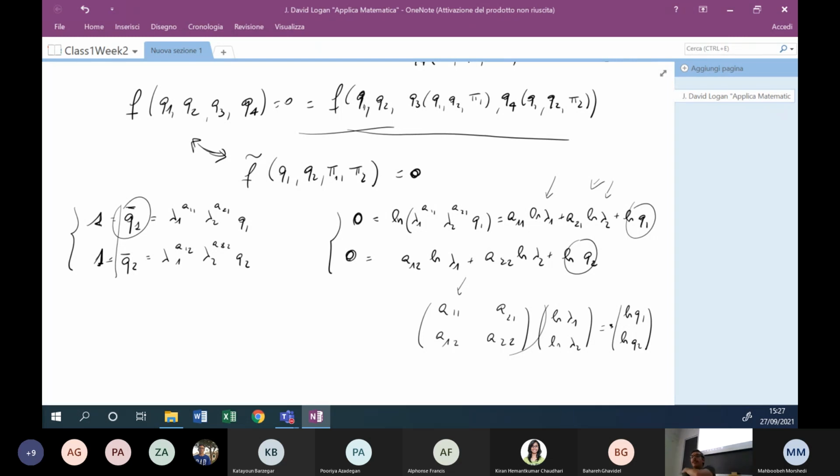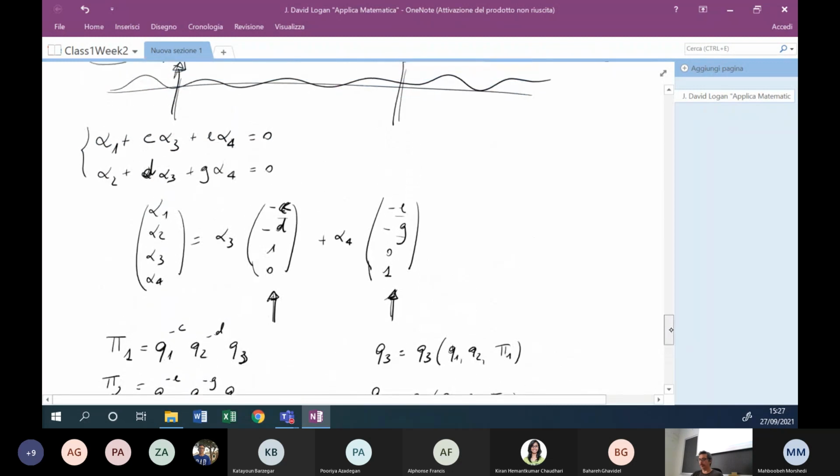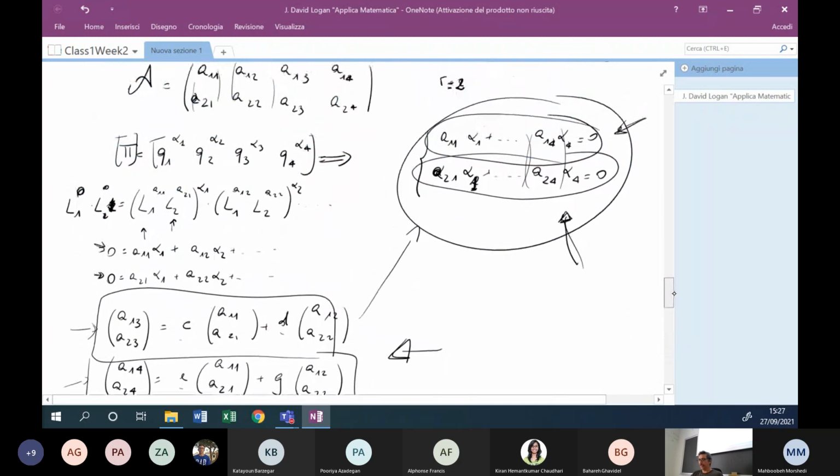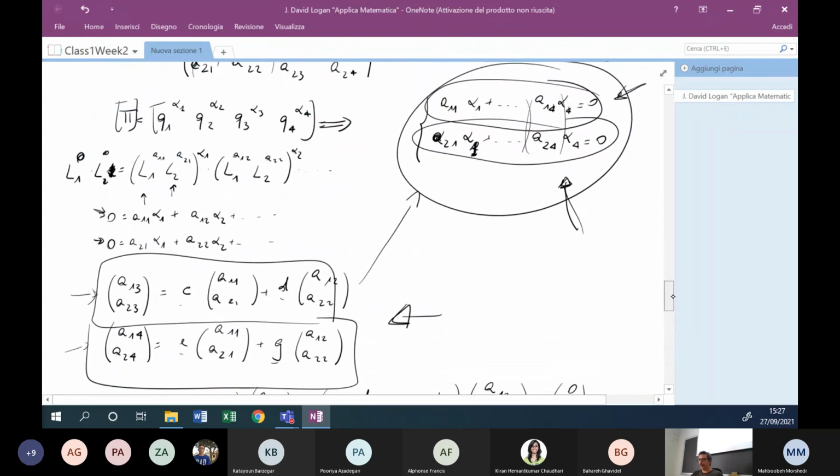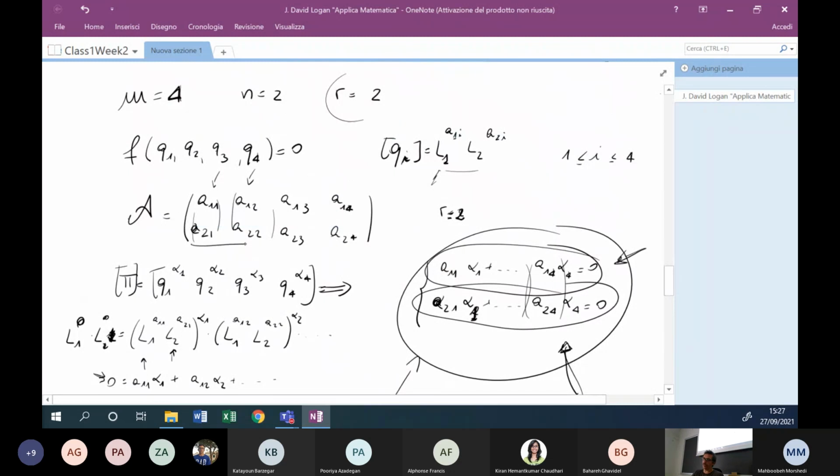But the interesting thing here is that we know, by hypothesis, that these two vectors are independent. These are always the same vectors from the beginning of the problem, the two vectors that are supposed to be independent at this stage of the proof.